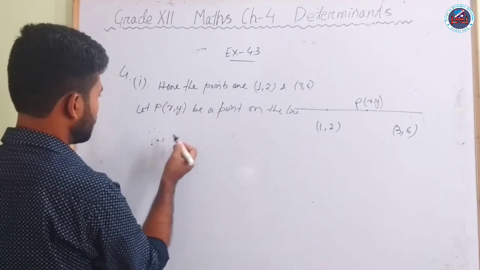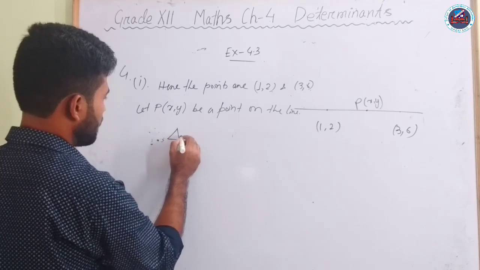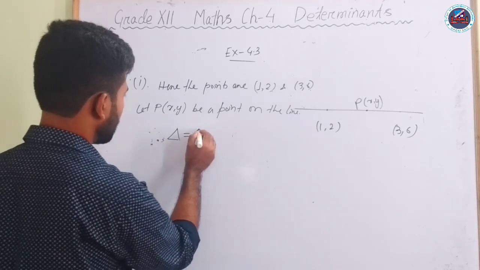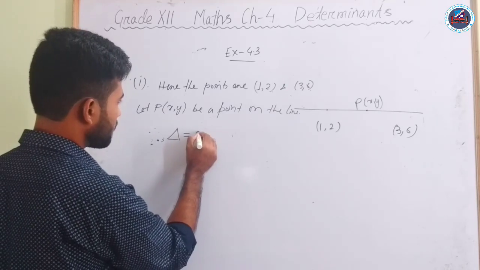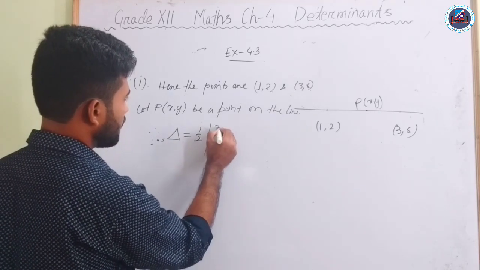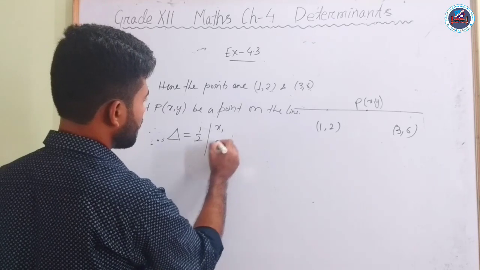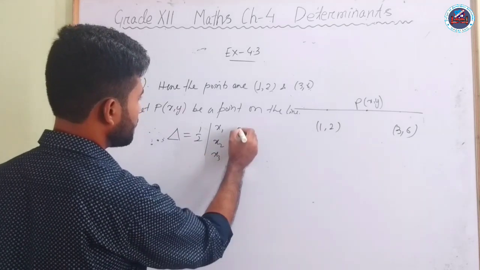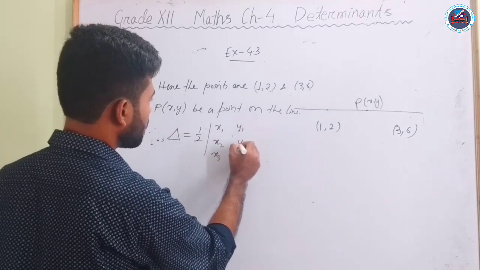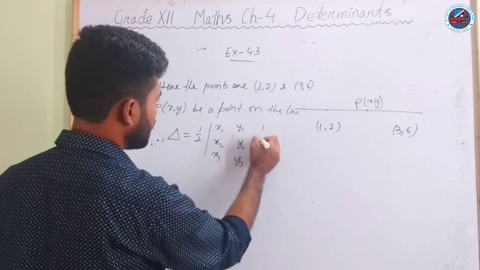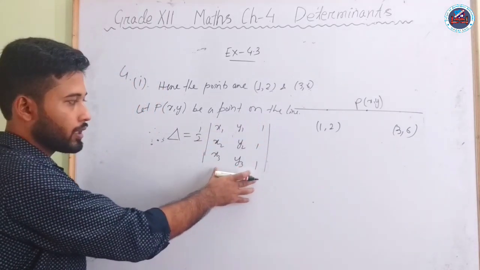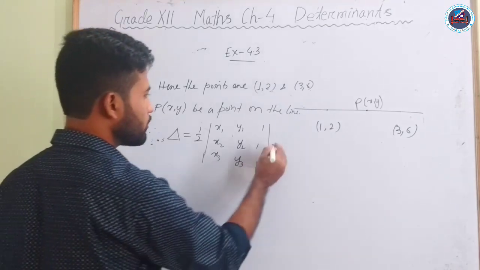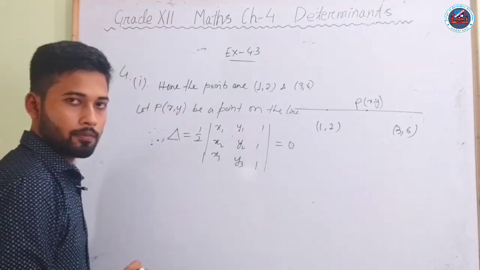So therefore the determinant, we can write, is half of the determinant with rows x1, x2, x3, y1, y2, y3, 1, 1, 1. By this determinant, we can find the area of the triangle. So this will be equal to 0.